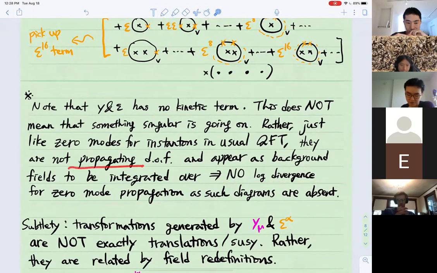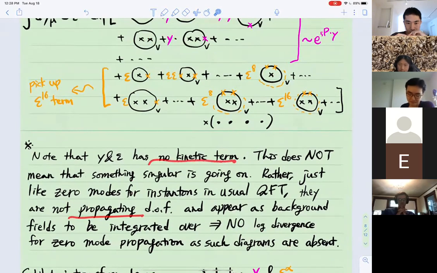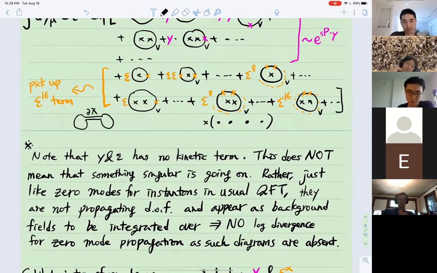We don't have a kinetic term. They do not propagate, and such diagrams are simply absent. So before, in diagrams like this, when we have this zero mode propagating, in the full-fledged string field theory language, such diagrams are simply absent, and there is no logarithmic divergence.